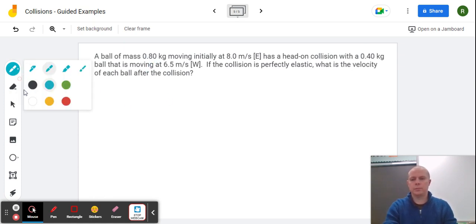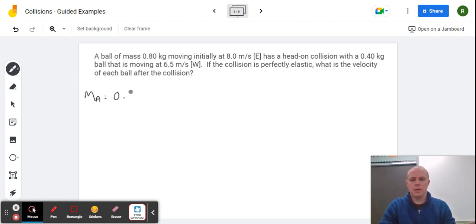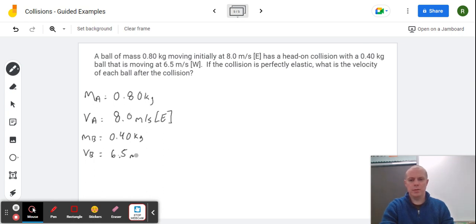So we have two objects, a mass of 0.8 kilograms, and it is initially moving at 8 meters per second east, has a head-on collision with a 0.40 kilogram ball that is moving at 6.5 meters per second west.